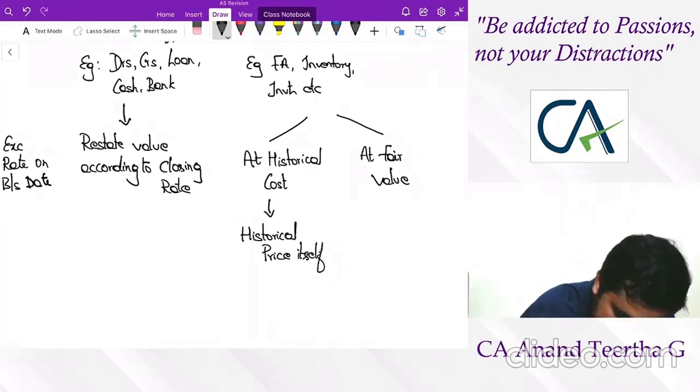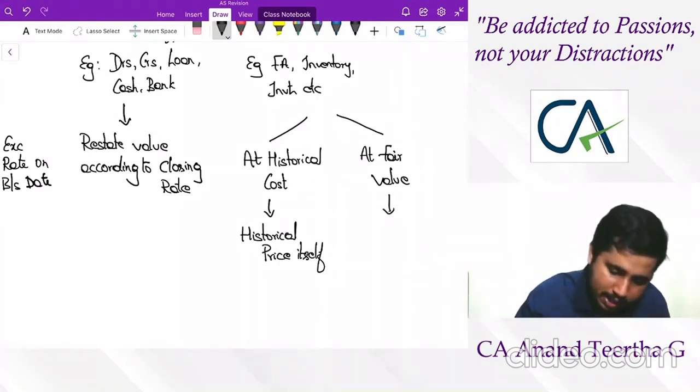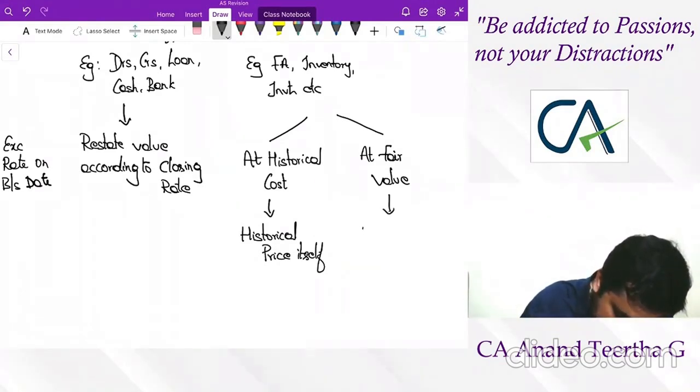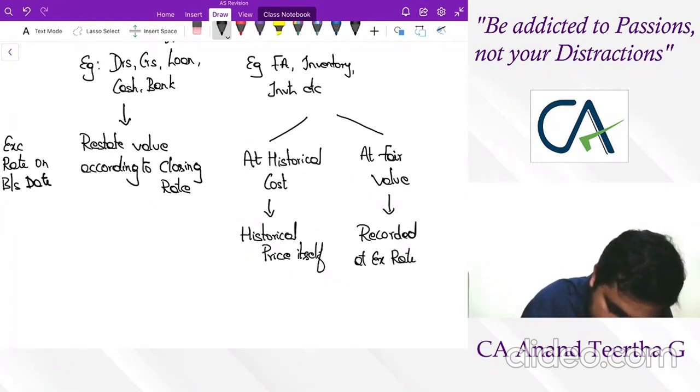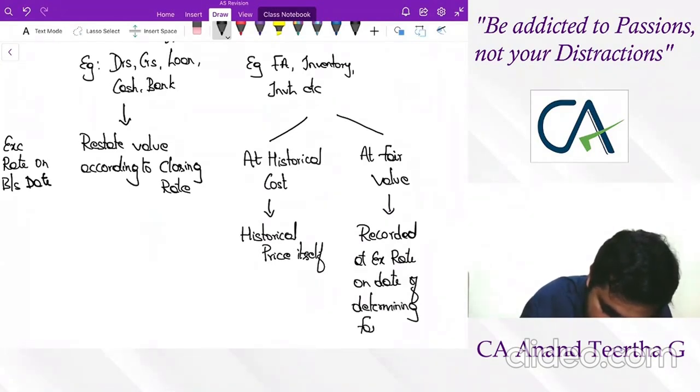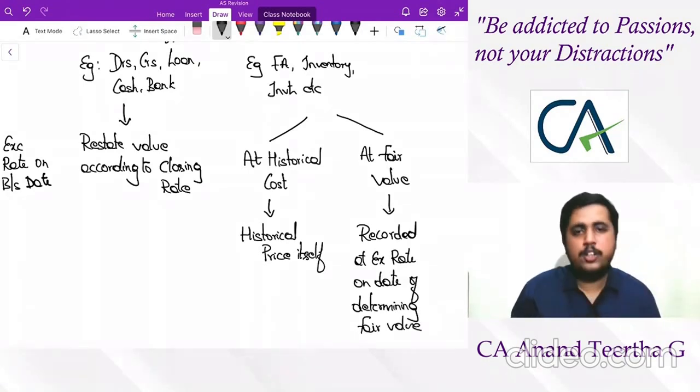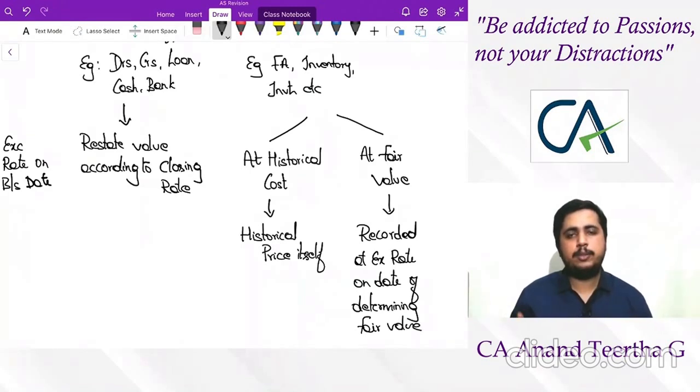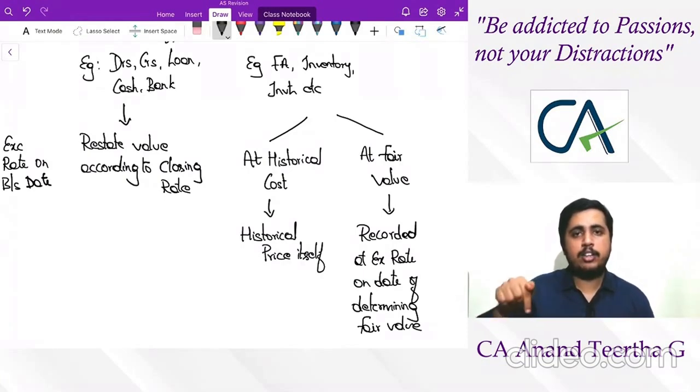But if it is shown at fair value, then it will be recorded at the exchange rate on the date of determining fair value. So if you have a balance sheet item which will be recorded at fair value, it will be recorded at the exchange rate on the date of deriving the fair value.